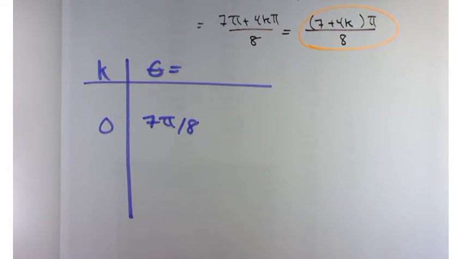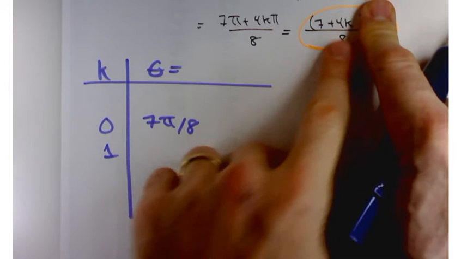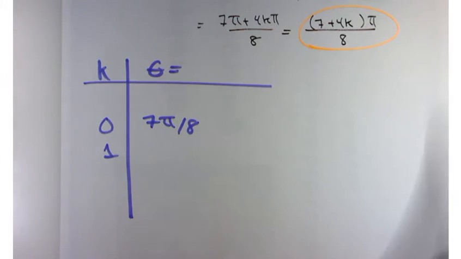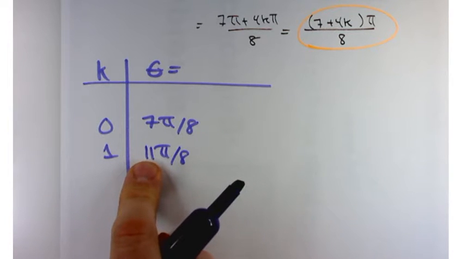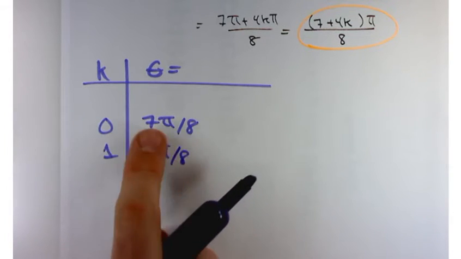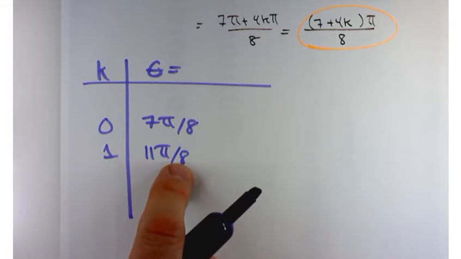What else could I choose for k? 1. All right, good. So if I choose 1 for k, 7 plus 4 is 11. All right, so 11 pi over 8. Now until this fraction here, 11 over 8 in this case, or 7 over 8 in the other case, until it's bigger than 2, we're okay.